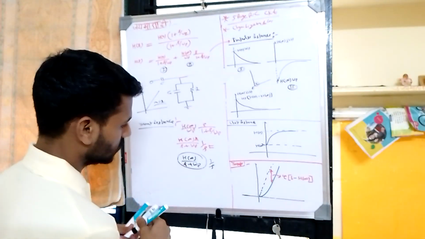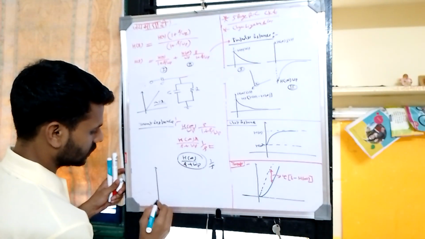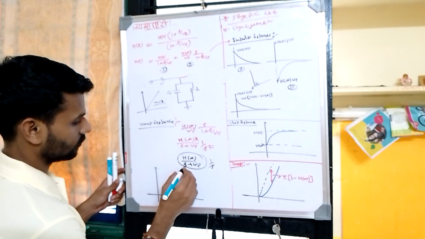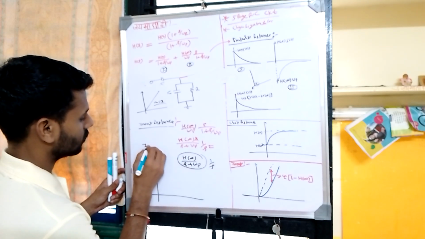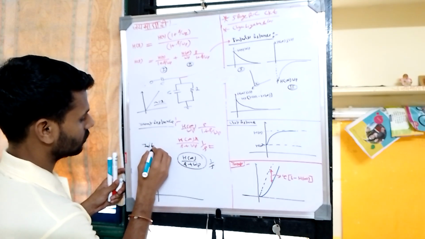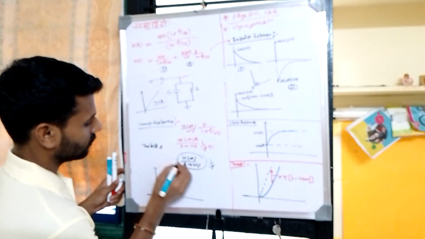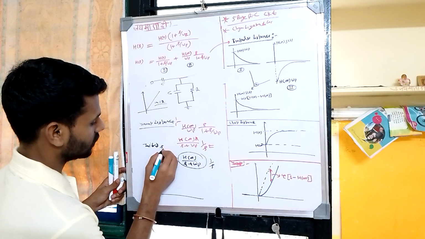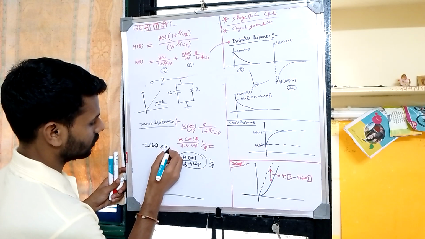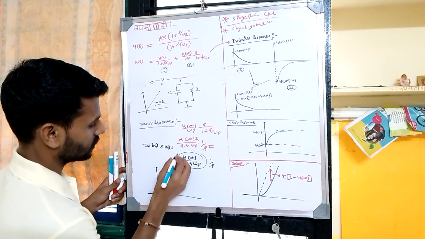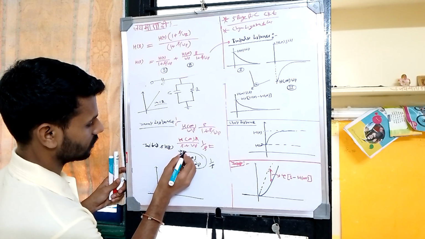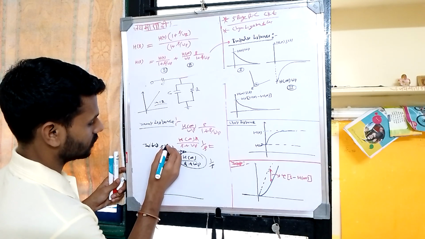So you just calculate the initial and final value. What will be the initial value? You multiply this transfer function by s, let us suppose this is H dash of s.